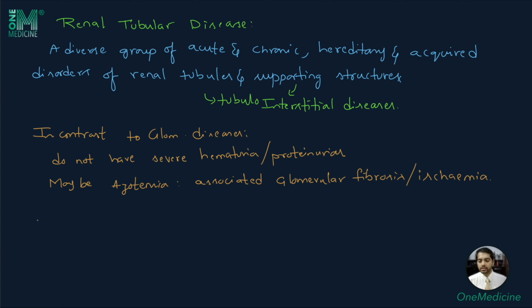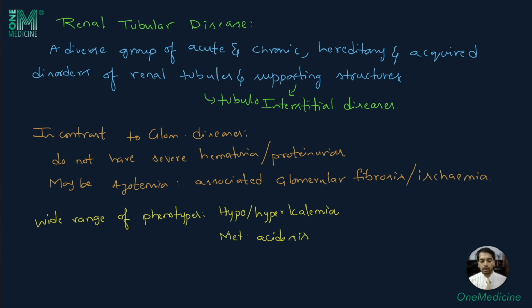These patients instead present with a wide range of phenotypes, including hypo or hyperkalemia, metabolic acidosis, nephrogenic diabetes insipidus with polyuria, and even salt wasting.